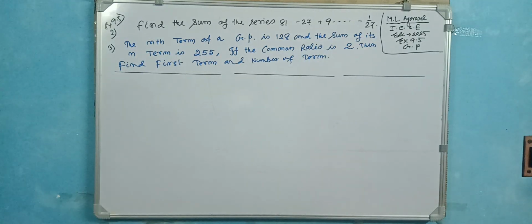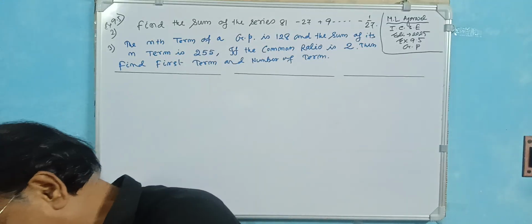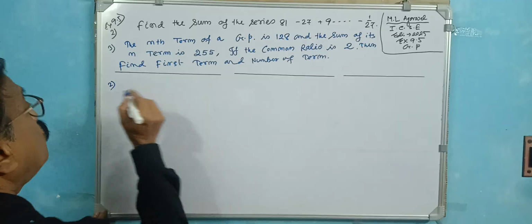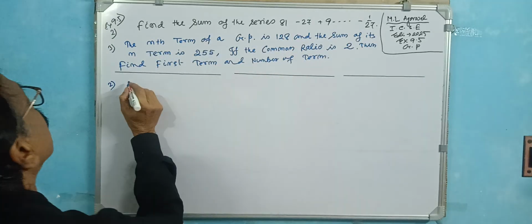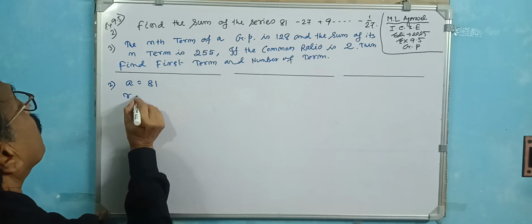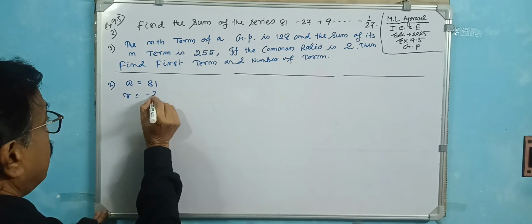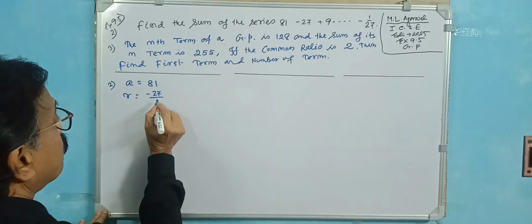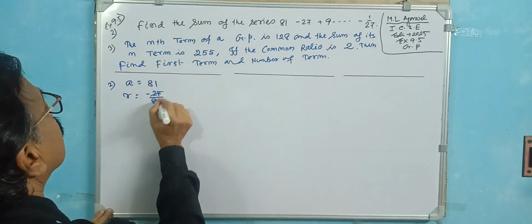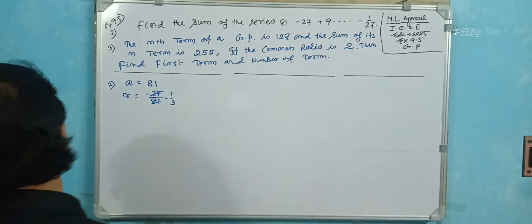Now, in which way do we begin? Don't panic. The first term is a, so a is 81. r is minus 27 by 81, which is minus 1 by 3.